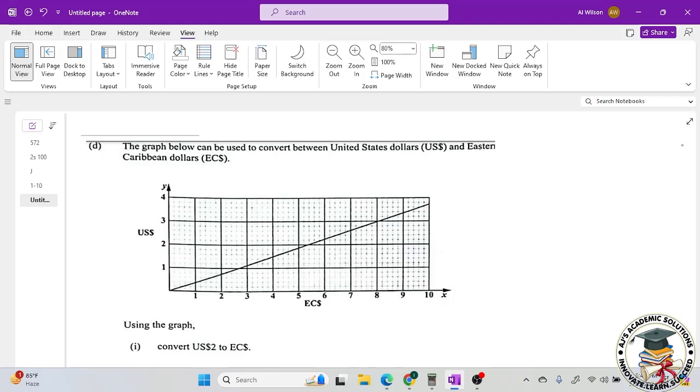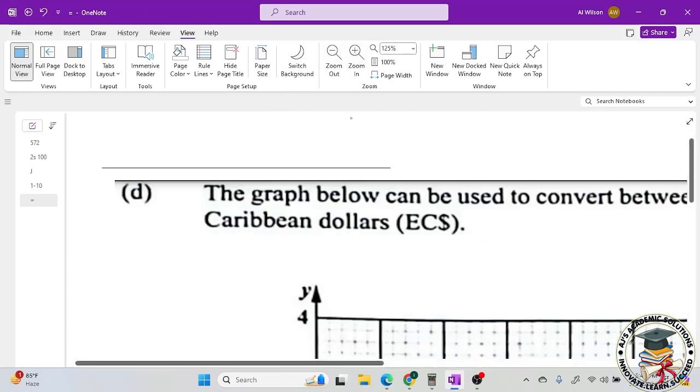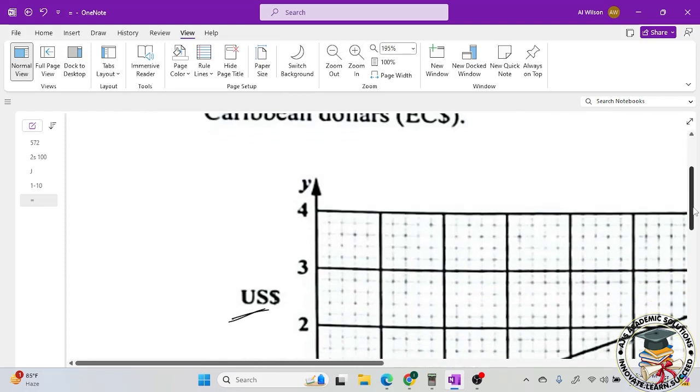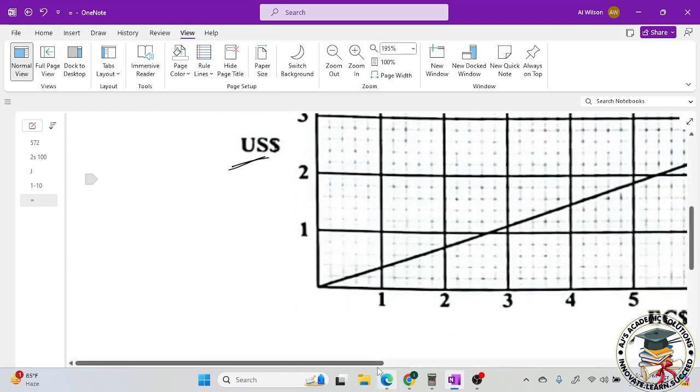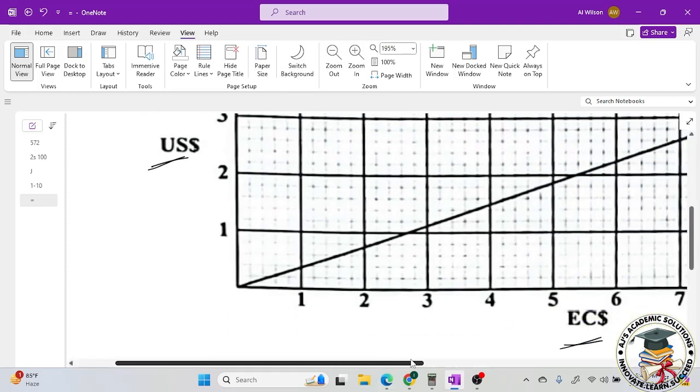It wants us to convert US $2 to EC dollars. This is where US is, and EC at the bottom here. Since we're looking at US $2, we need to look at where 2 is. Like I said, I'll be zooming in and out. So we have identified 2.